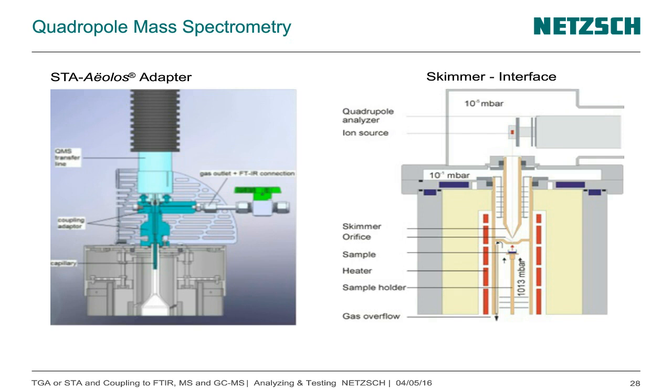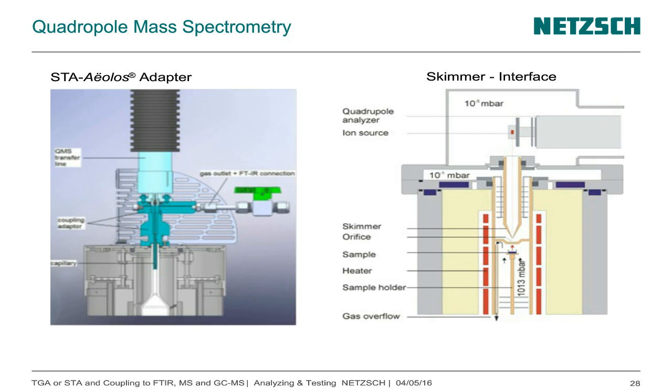The big advantage of this interface is that you nearly have no condensation problems. Even with the ILOS coupling at 300 degrees C, you know that there are substances which would condense at 300 degrees C. Here with our skimmer interface, the inlet into the mass spectrometer has nearly the same temperature as the sample, so there's no problem with condensation.